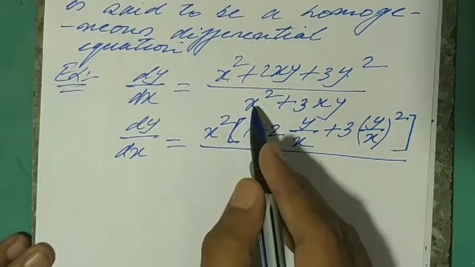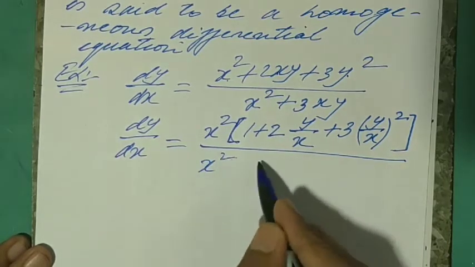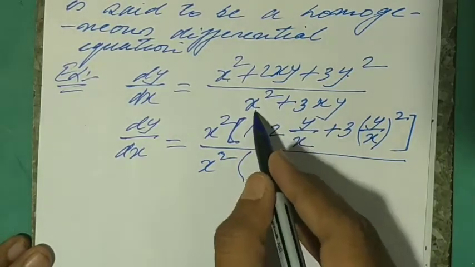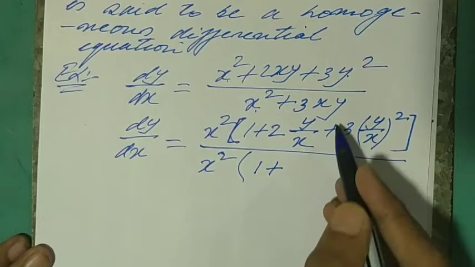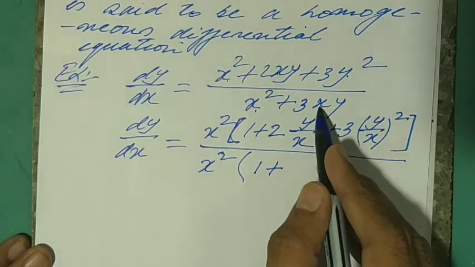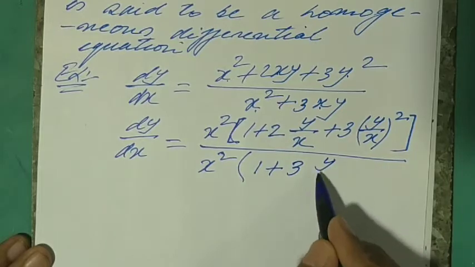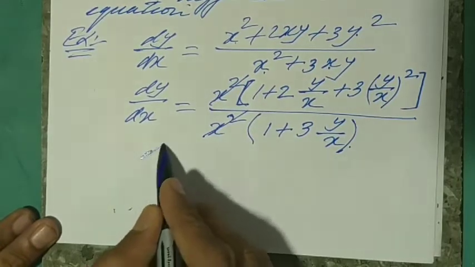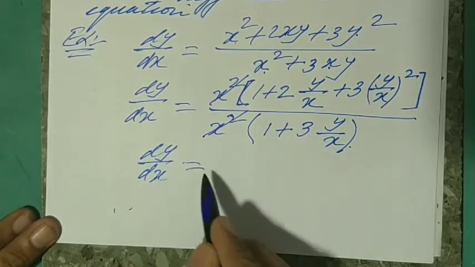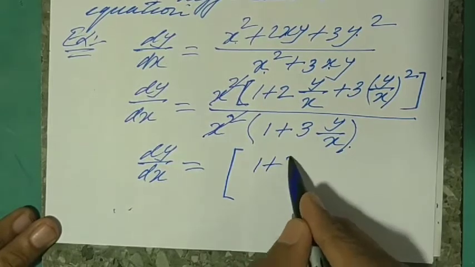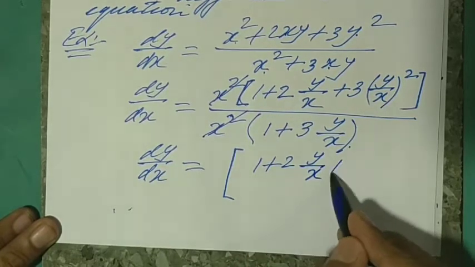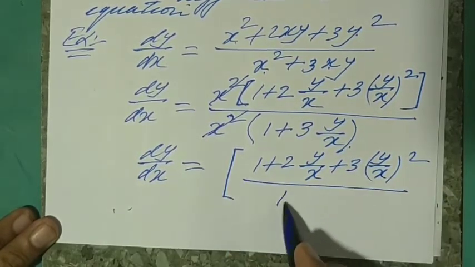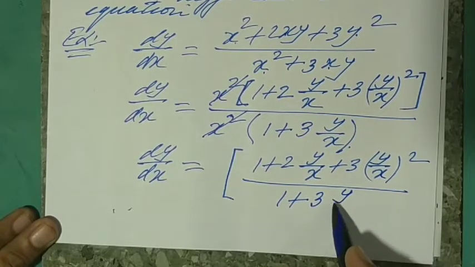In the denominator, we may take x square common, then we have to divide both terms by x square. The first term divided by x square gives 1 plus, and the second term divided by x square, one power is cancelled by this x, and we get 3y/x. This x square is cancelled by this x square, and ultimately we get dy/dx = (1 plus 2y/x plus 3(y/x) whole square) divided by (1 plus 3y/x).